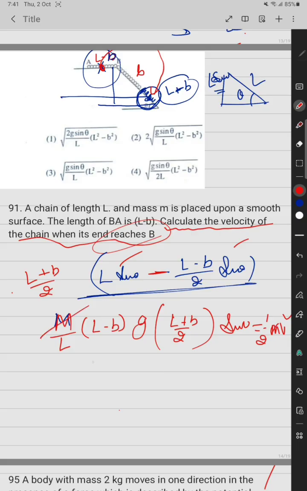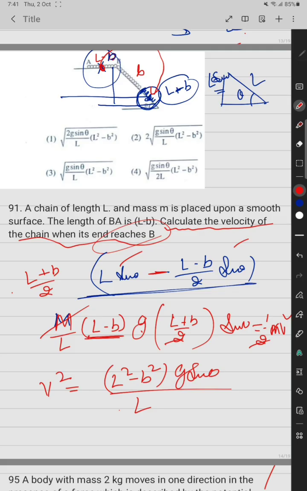M cancels with the m, and the 2 cancels with this 2, and the velocity square is equal to L minus B and L plus B, which is L square minus B square, and that is g sin theta, divided by L. So v equals the root of g sin theta divided by L, and in the bracket L square minus B square.